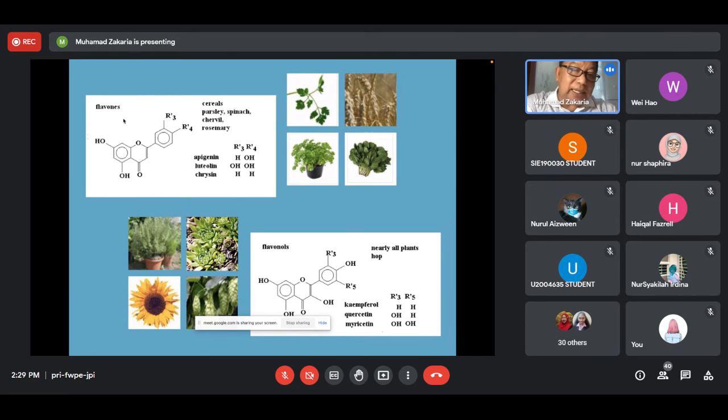It has been demonstrated that when taken regularly, flavone helps to strengthen our immune system. So flavone has immunomodulatory action. It is a substance called an immunomodulator.